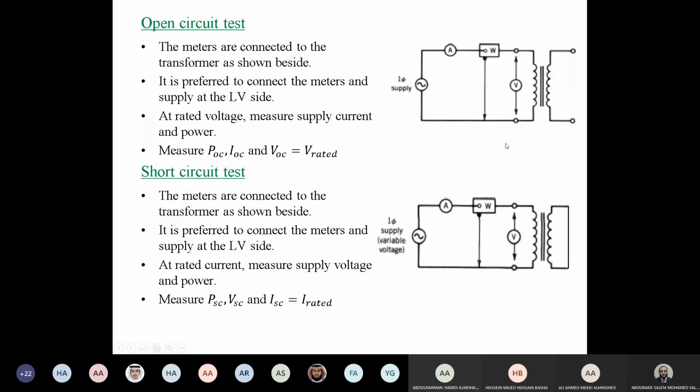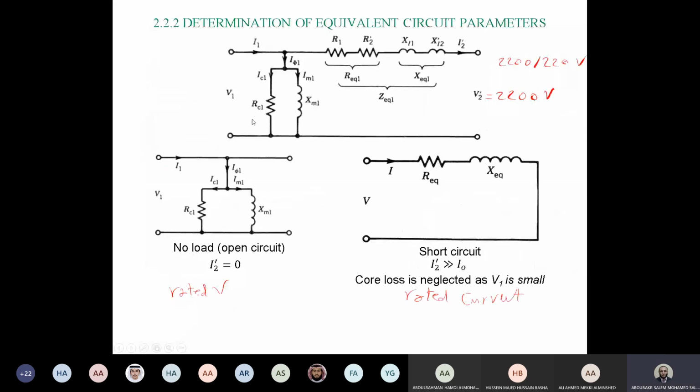Why? If we have a look at this circuit, when we calculate the core loss of the transformer, we assume that the core loss is a fixed amount. So we will define the value of RC, and the amount of power absorbed by the resistance RC will be fixed whatever the loading condition.